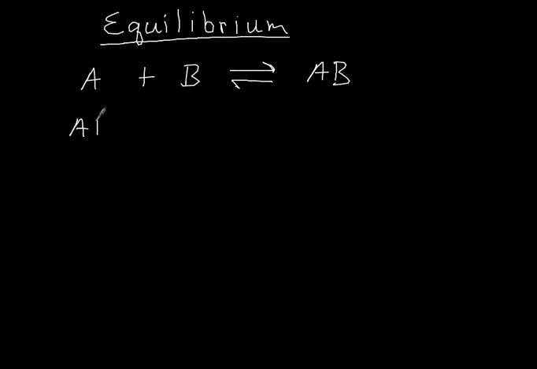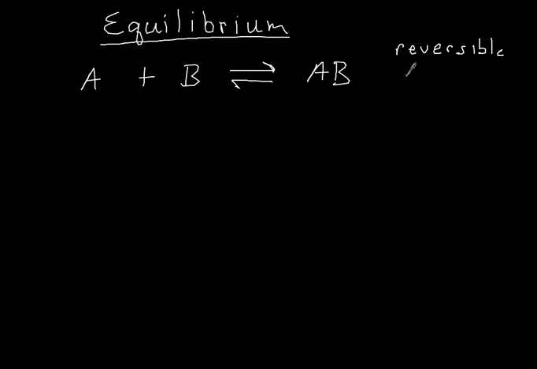The chemical AB could decompose to form A plus B. So this reaction is what we call a reversible reaction or a two-way reaction. And you'll find that many reactions are reversible or two-way.